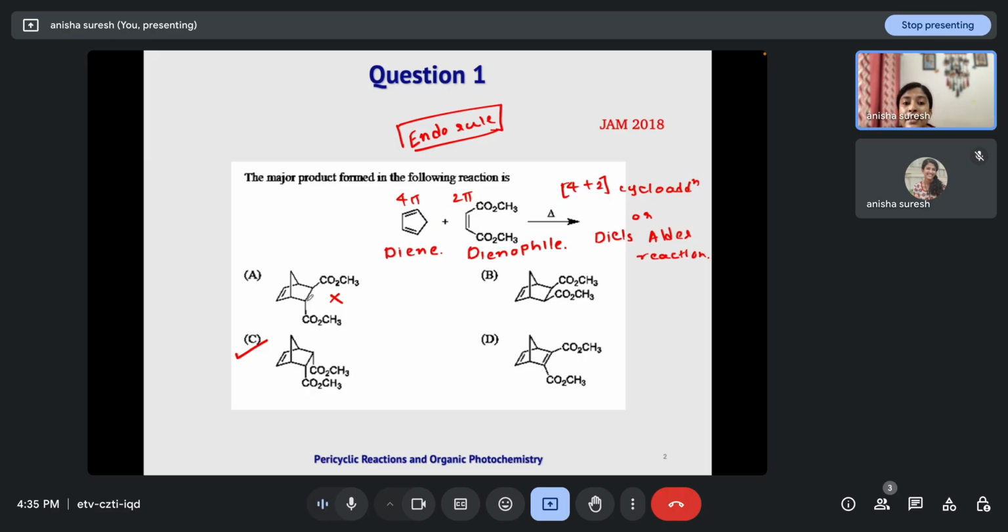And since it is having an electron withdrawing CO2CH3 group, it will follow the endo rule of Diels-Alder reaction, and the dienophile will be approaching from below the plane such that the CO2CH3 groups will be coming below the plane in the product. Is it clear?